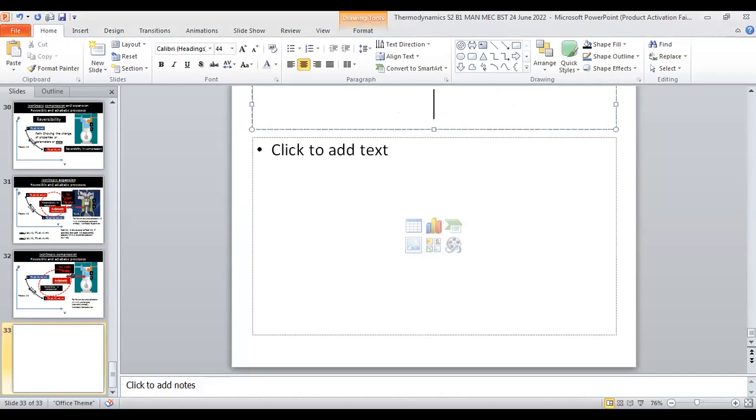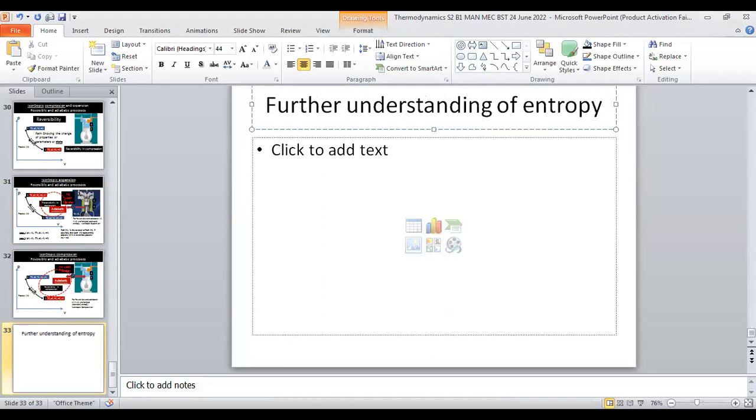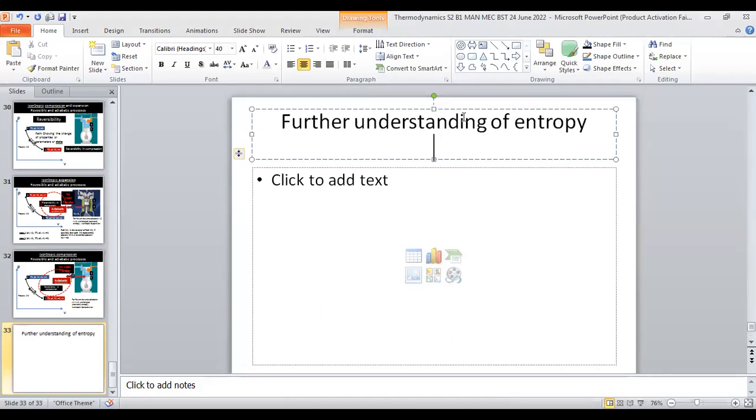Further understanding of entropy. So further understanding in the sense, comparing real with ideal.